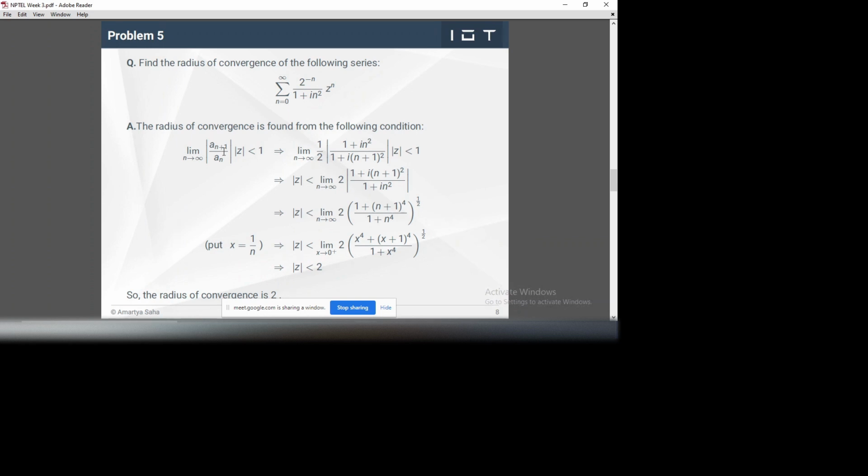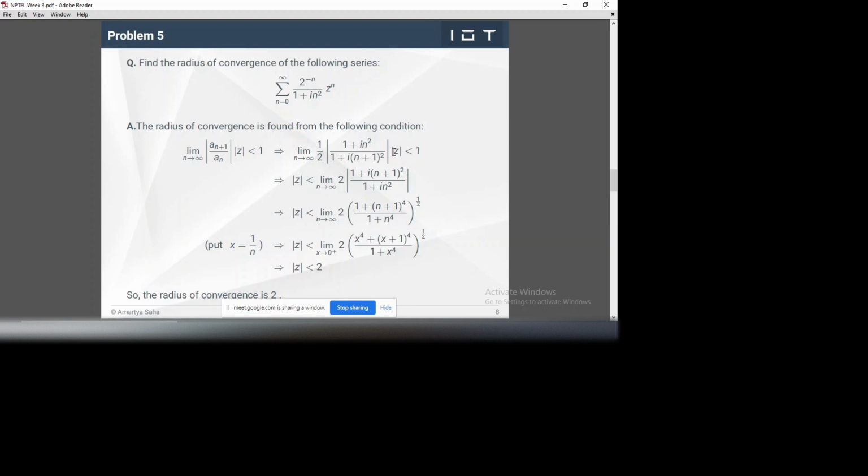Again, I will employ the ratio test, taking the ratio of the (n+1)th term with the nth term and examining that absolute value in the limit n going to infinity. As we see, this is the a_n, so our a_n is this coefficient, the coefficient given in the question.